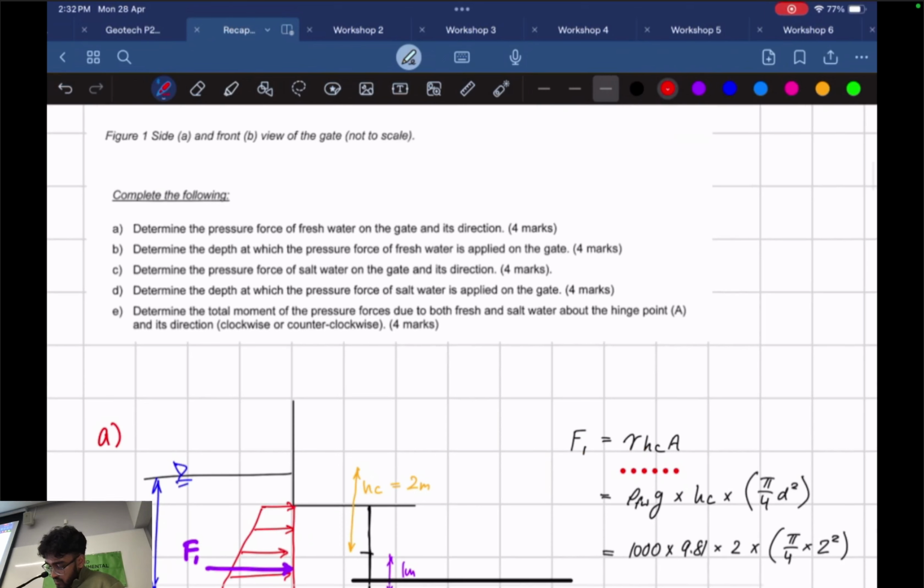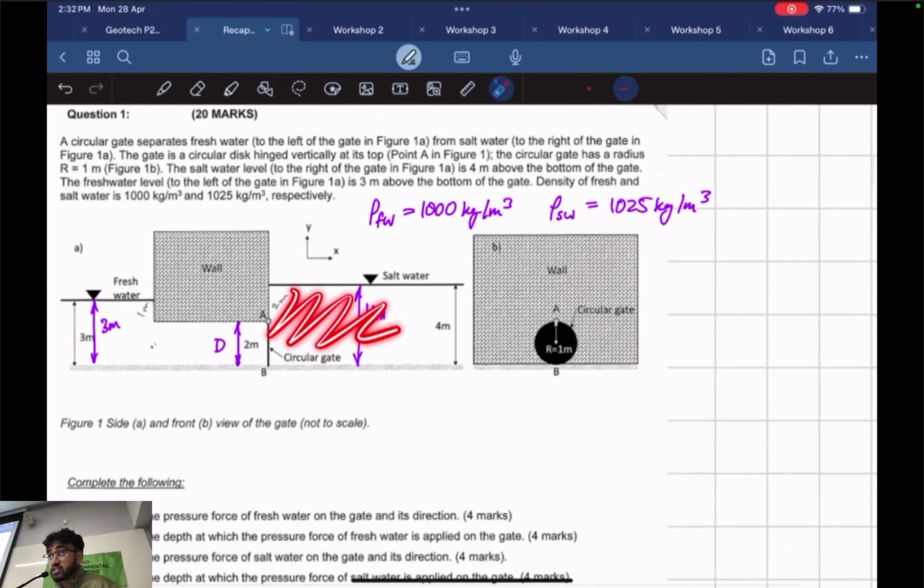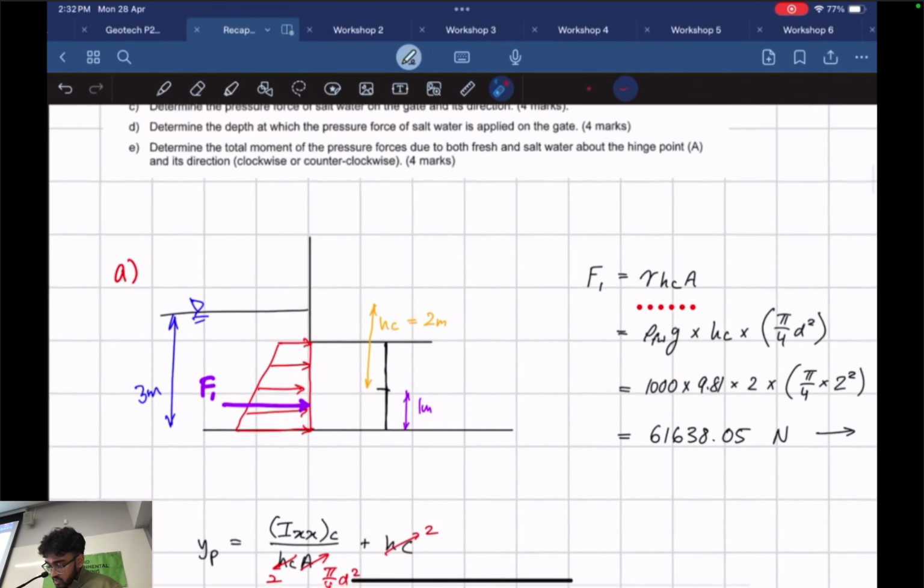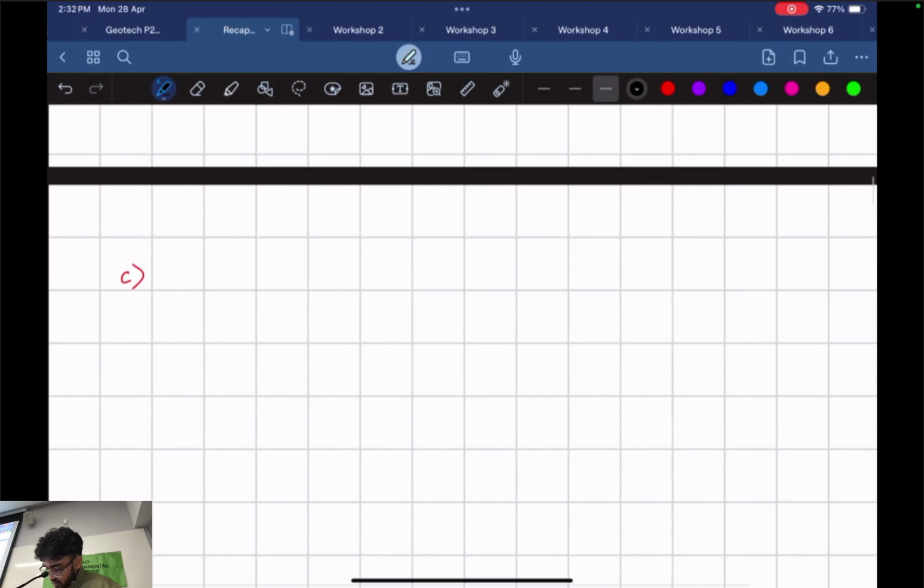Part C is asking, determine the pressure force of the salt water on the gate. So we're looking at the right side now, and its direction. I'm going to have a similar diagram. The pressure distribution will look something like this.